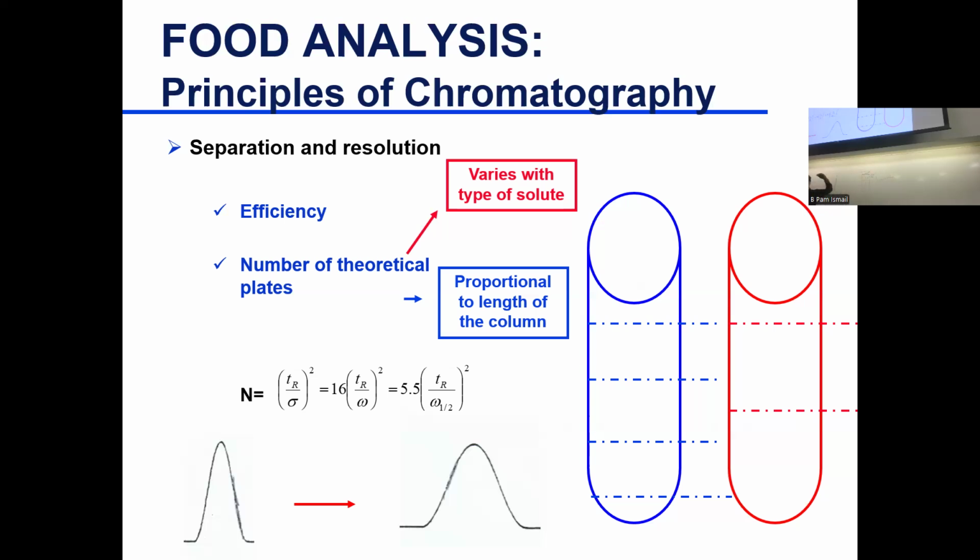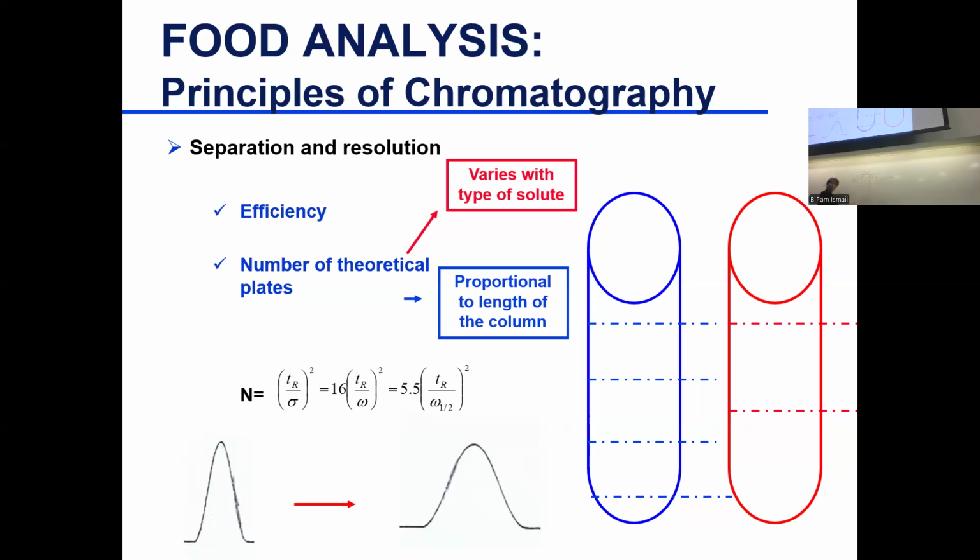You have a pump, pumps the mobile phase through the column and carry your constituents. So the molecule or the solute reaches an equilibrium fast. You have high efficiency. So these segments are equilibrium segments.